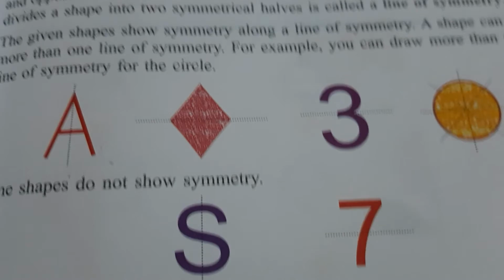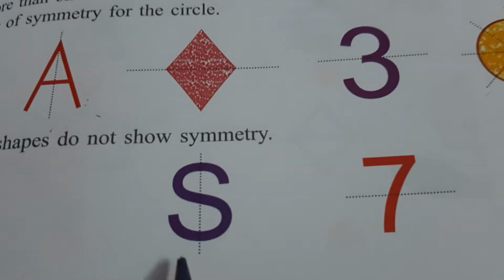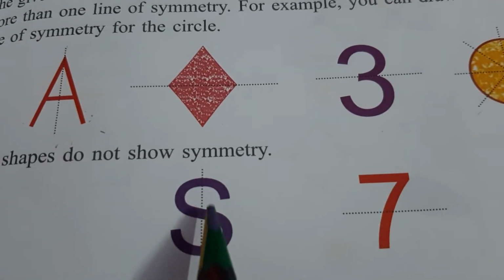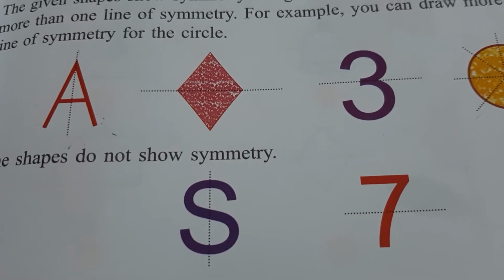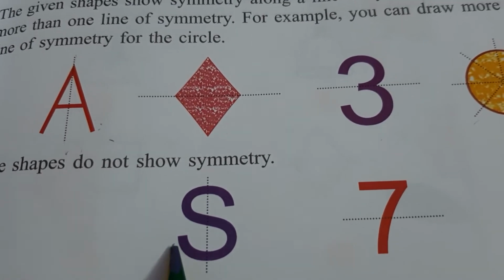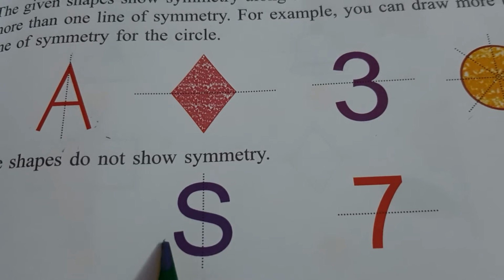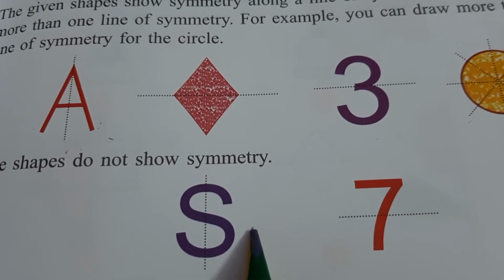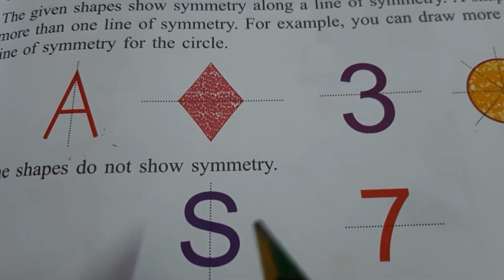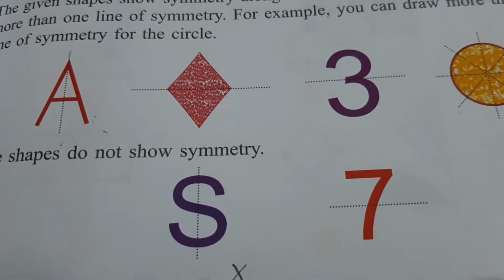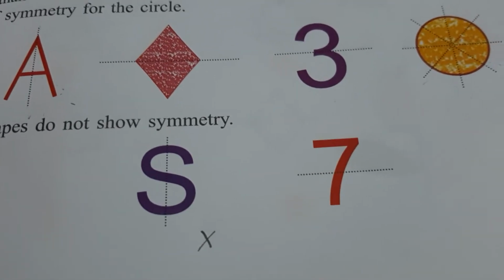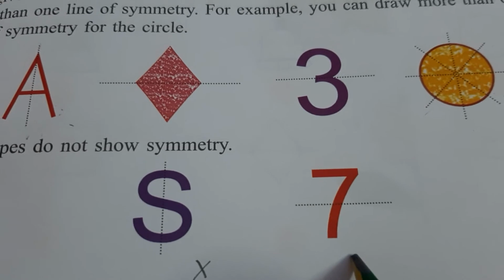Okay, so look at here, S. So we have drawn here a line of symmetry. So can you see the same pictures on both the sides? No. So this picture is not showing symmetry. Similarly 7.